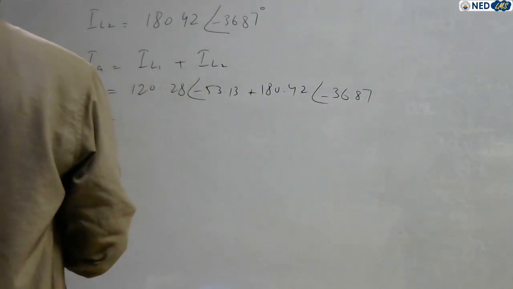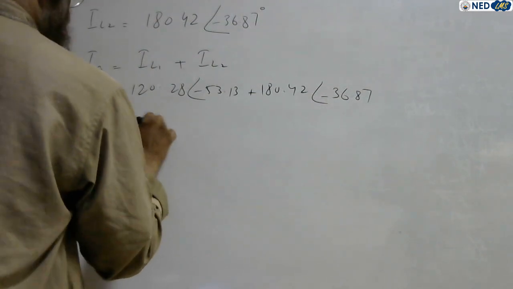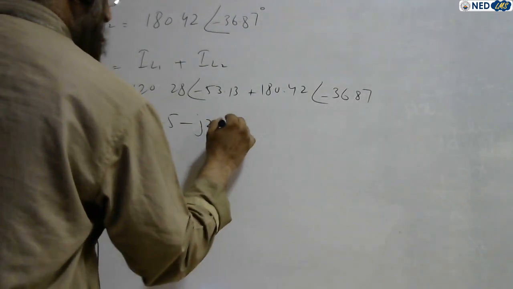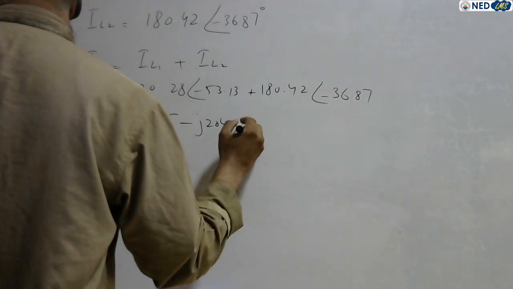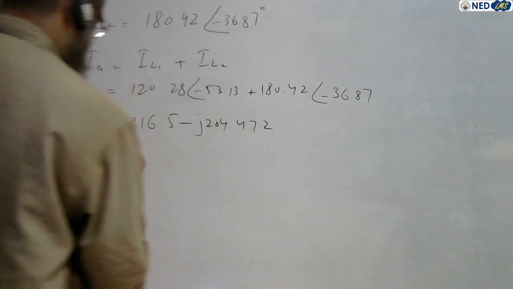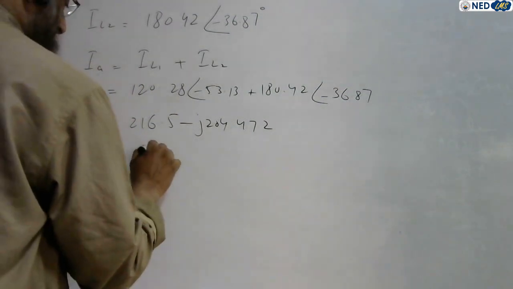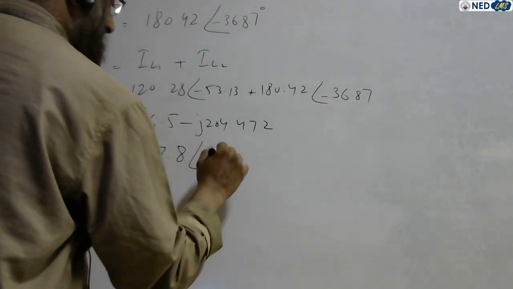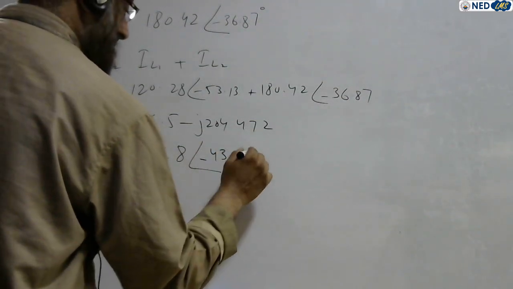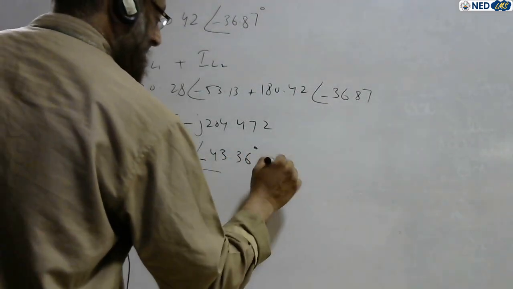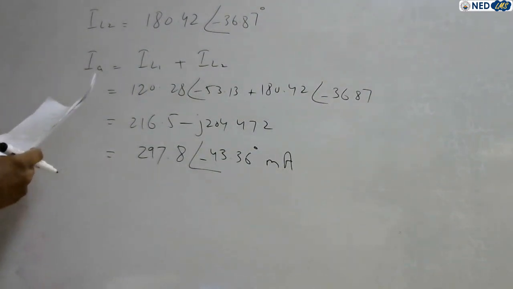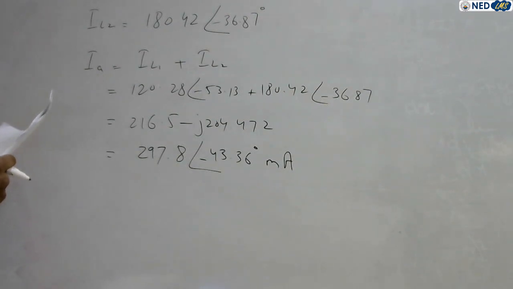You will get 216.5 minus j204.472. If you convert into phasor form, 297.8 angle minus 43.36 milliamperes. So this is the total current drawn from the source by these two loads.